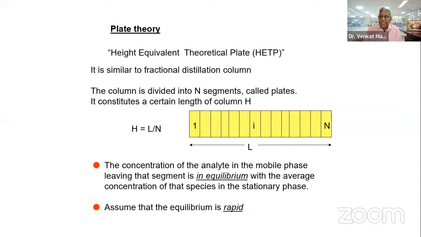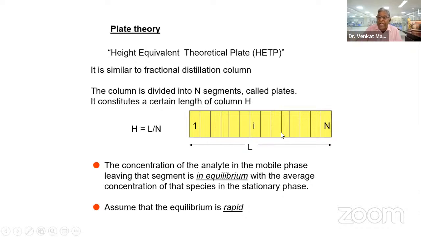The HPLC column is nothing but it has got several distillation cuts. It can be 10,000 distillation cuts and they are called theoretical plates. How do you define that? Imagine this is the length of the column. I have got n such distillation cuts, therefore 1, 2, 3, 4, 5, and so on.